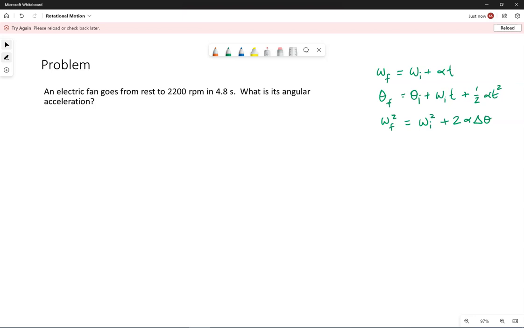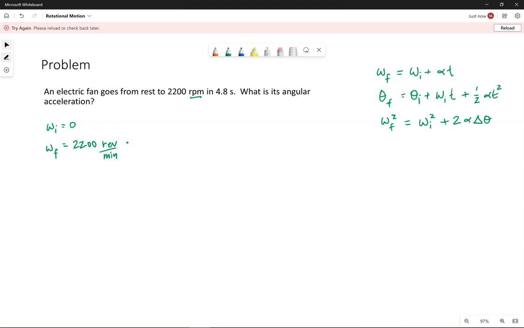So here we have an electric fan that goes from rest to 2200 RPM. So rest means this initial angular speed is 0. 2200 RPM, just as a reminder, means revolutions per minute.